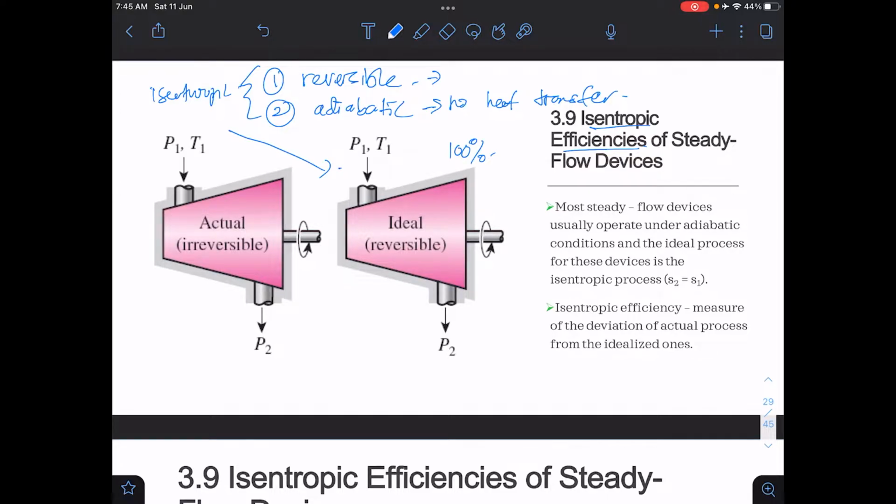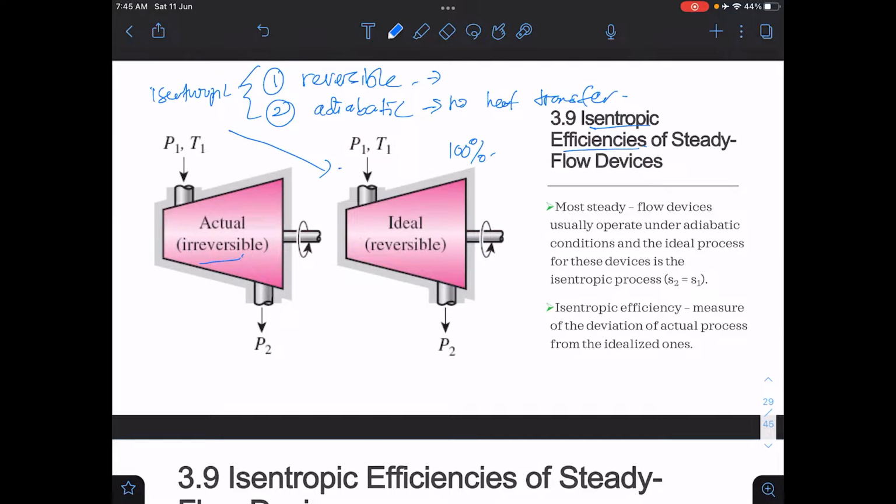But if the process does not achieve these two requirements, maybe it's not reversible, so the process is irreversible and you will end up with efficiencies less than 100%. So it might be 90%, 80%, or much lower than that.